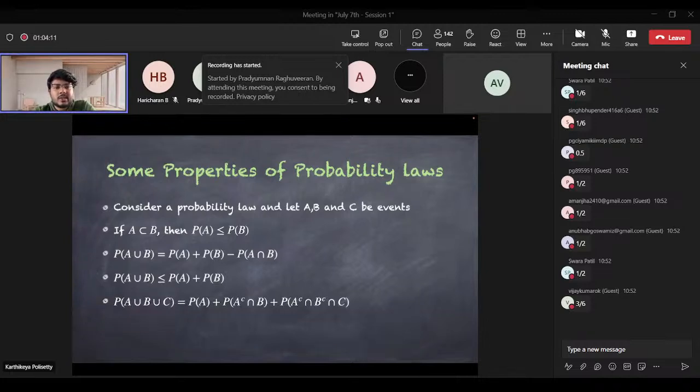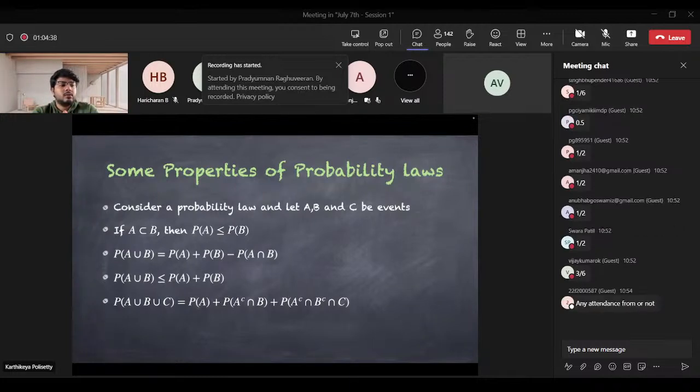P of A union B union C is the same as P of A plus P of A complement intersection B plus P of A complement intersection B complement intersection C. So what does this mean? P of A is the probability of getting A. And are we including all the things by taking only P of A? Are we including all the terms required for the probability of A union B union C with the term P of A?